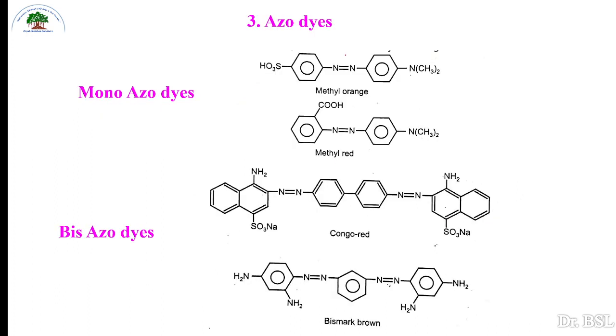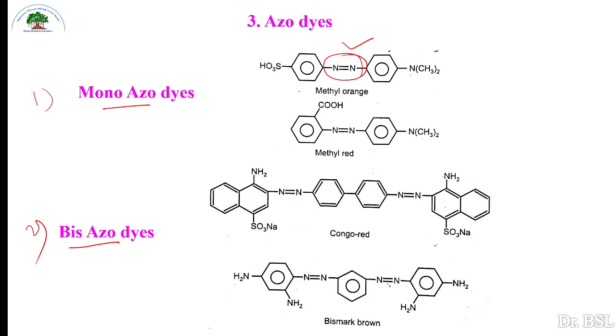Then third one, azo dyes. In azo, two subtypes can be there, and that is monoazo dyes and bisazo dyes. So azo dyes means those dyes which contain N double bond N, this azo group.